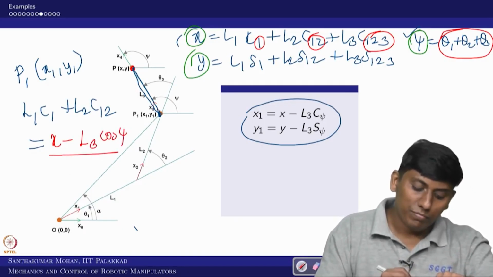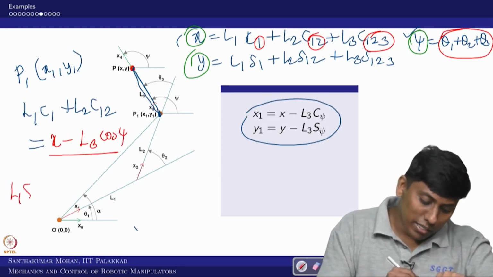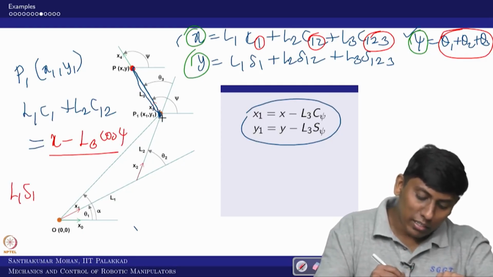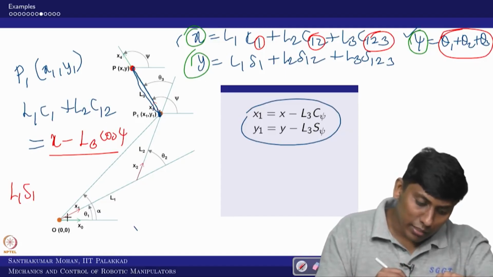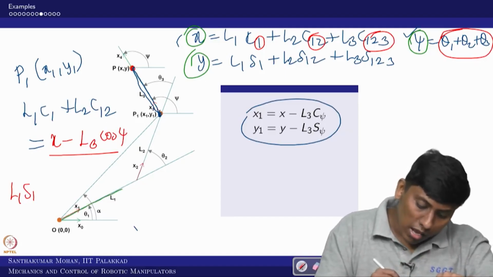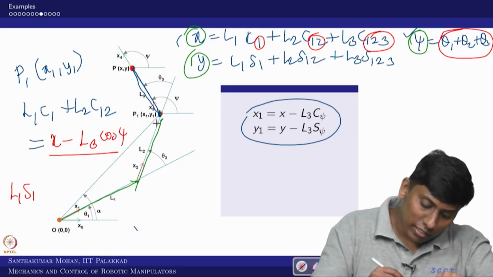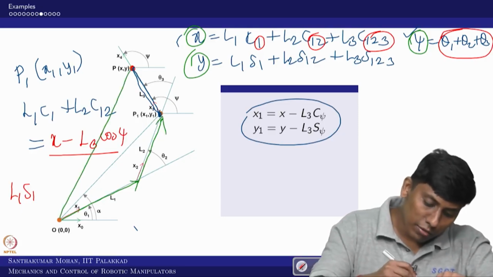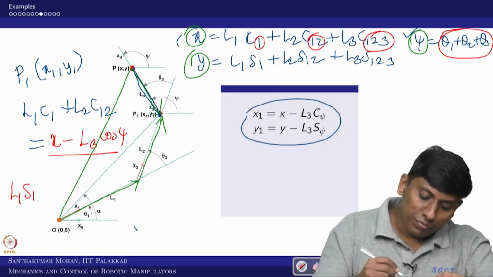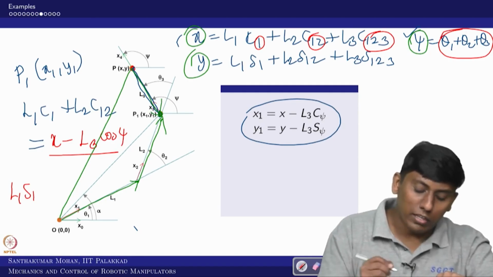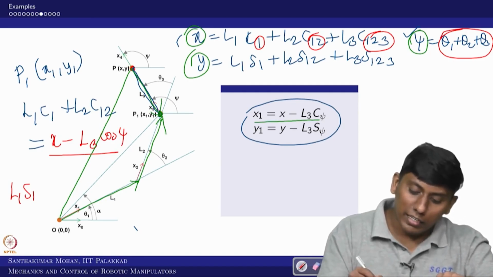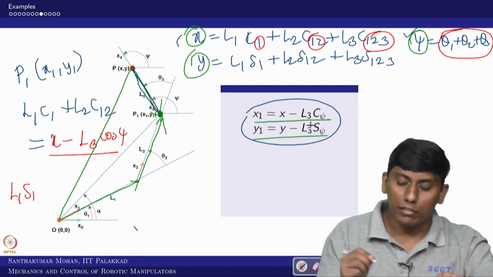Similarly, L1 S1, this vector is equivalent to this one. I can go by this vector addition or I can go this way. Both represent the same thing, so I can write x1 and y1 in this form.